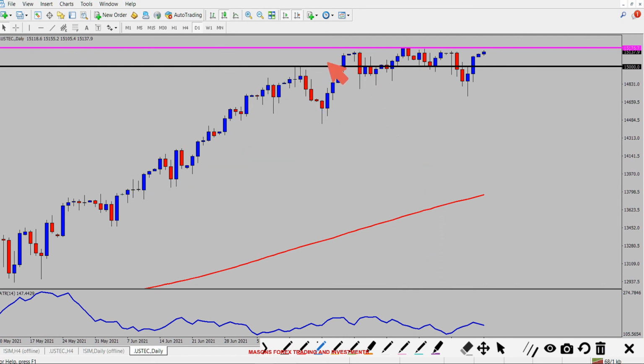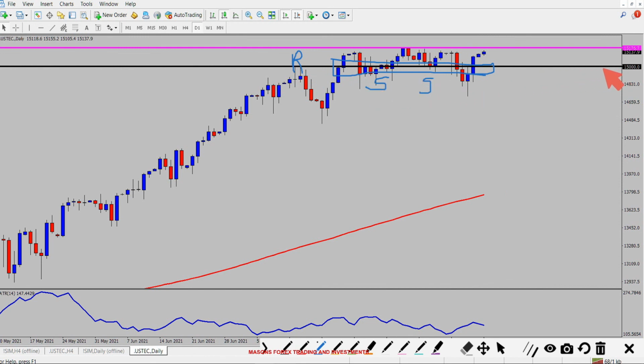Now if you look at this area, you can see price is actually acting as support, because this resistance level, resistance in the past, gets converted into support in the future. And remember, it's not exactly a line.